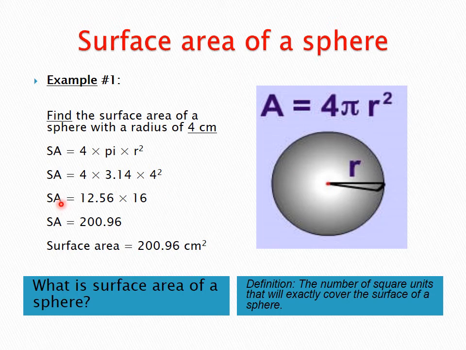So surface area equal to 12.56 into, multiply 4 into 4, we will get 16. Surface area equal to 200.96 centimeter square. Definition: the number of square units that will exactly cover the surface area of a sphere.